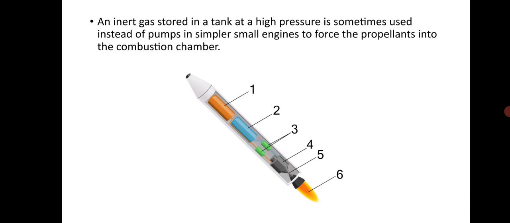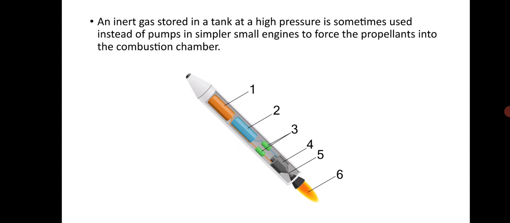In this diagram, it is showing the liquid propellant system in a rocket. The first one is fuel and the second one is oxidizer.